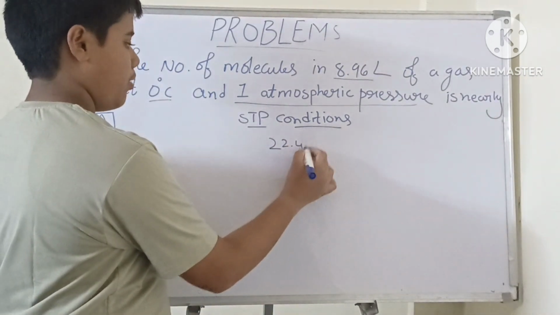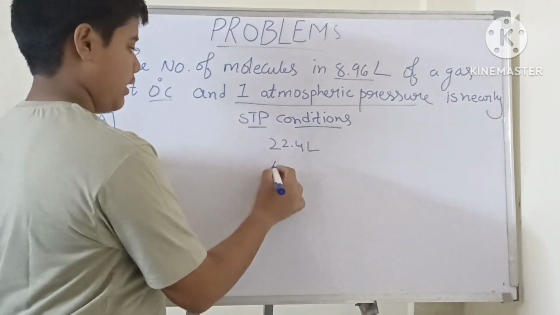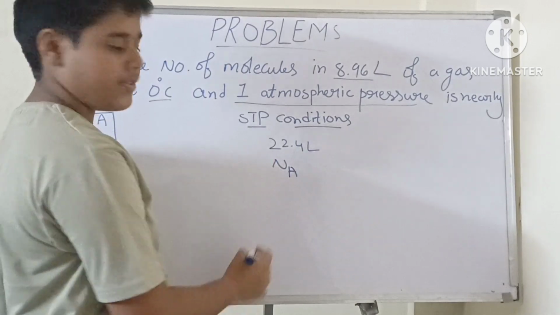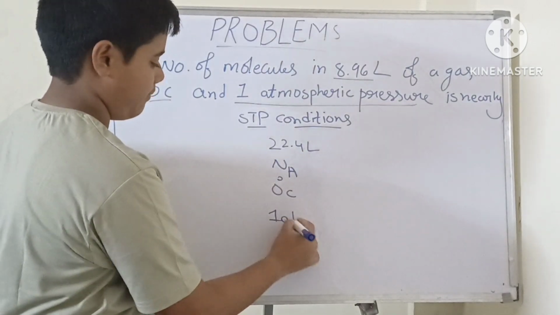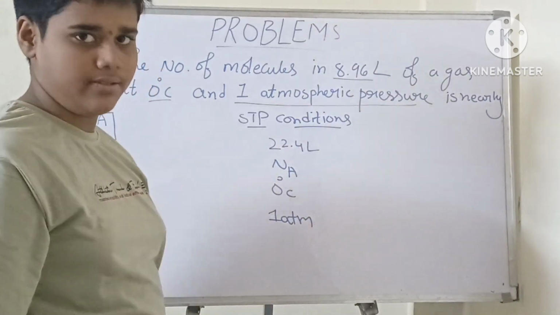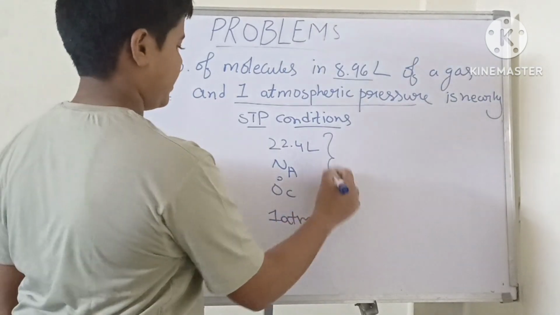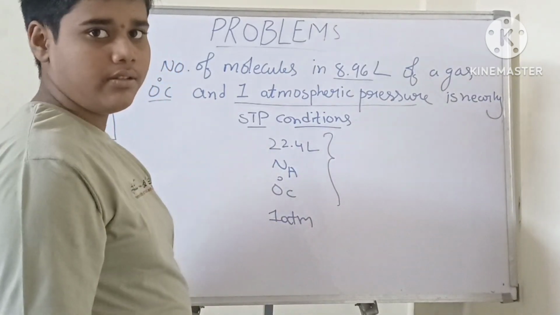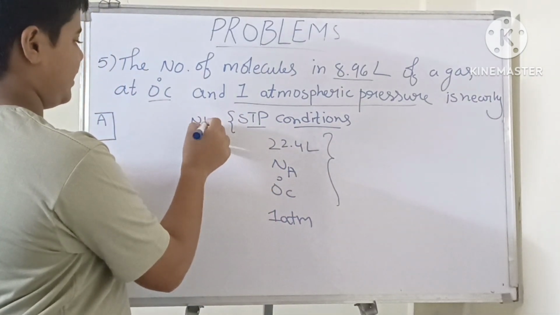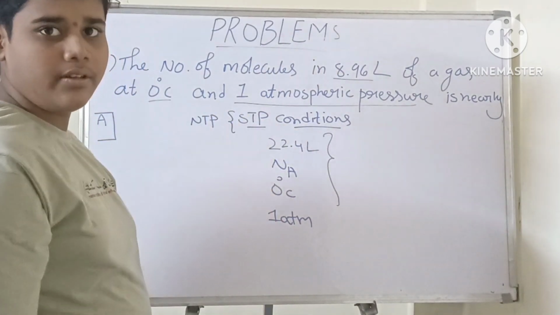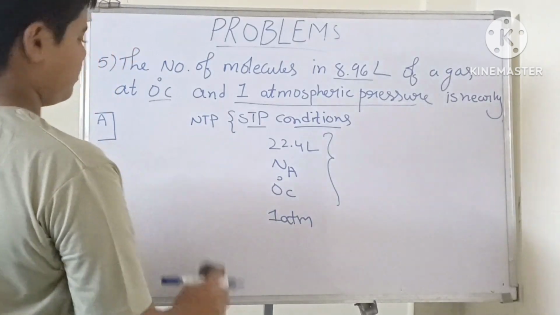Volume 22.4 liters, NA molecules, 0 degrees Celsius and 1 atm, 1 atmospheric pressure. So these are the STP conditions. Okay. So these STP conditions are also known as NTP conditions. Okay. Remember this point.